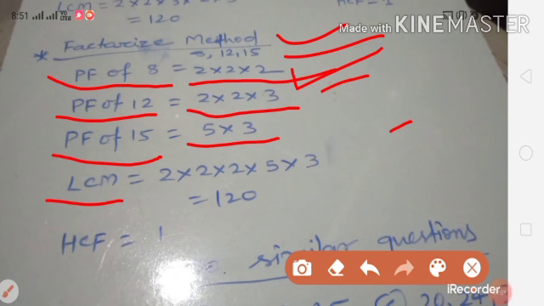We see that 2 appears 3 times here, 2 times here, and none here. So the maximum is 3 times, so we put 2 three times. If we write the maximum, the minimum comes inside it, so we should not write the minimum number.